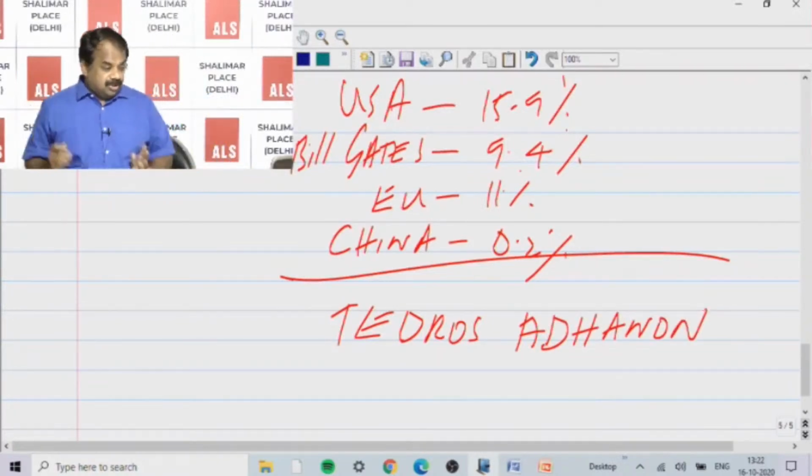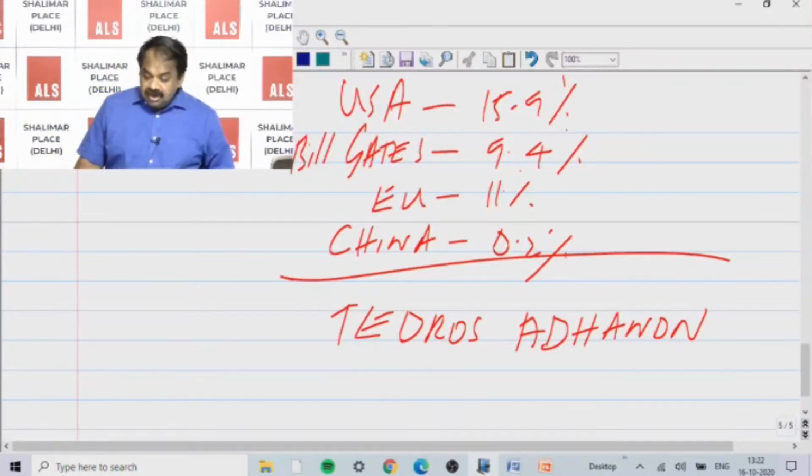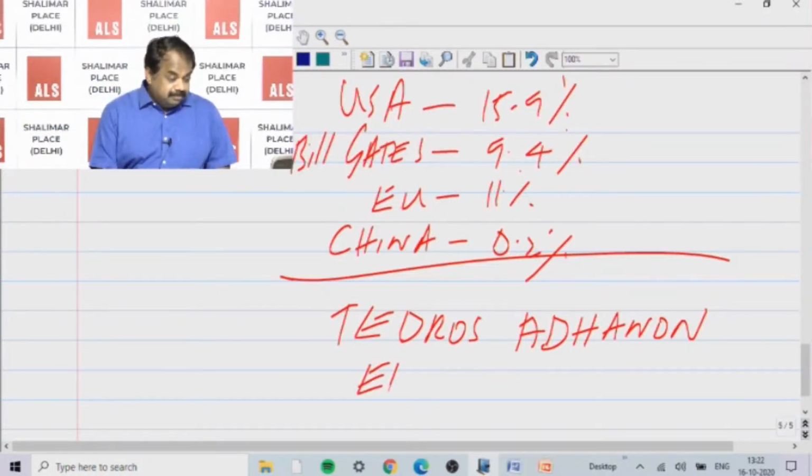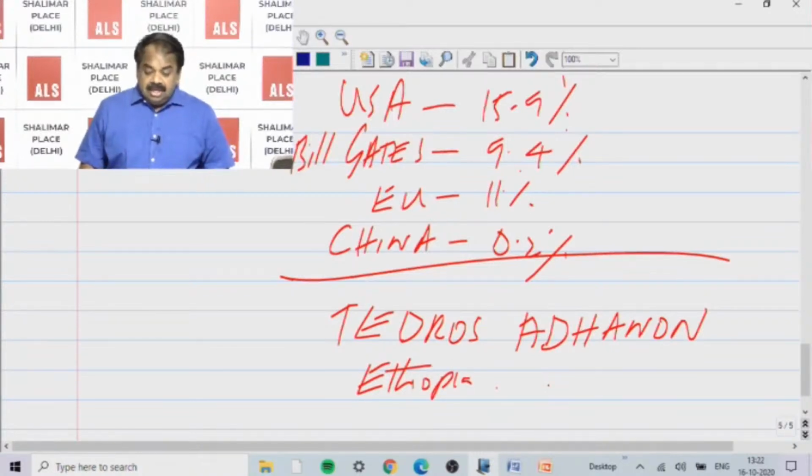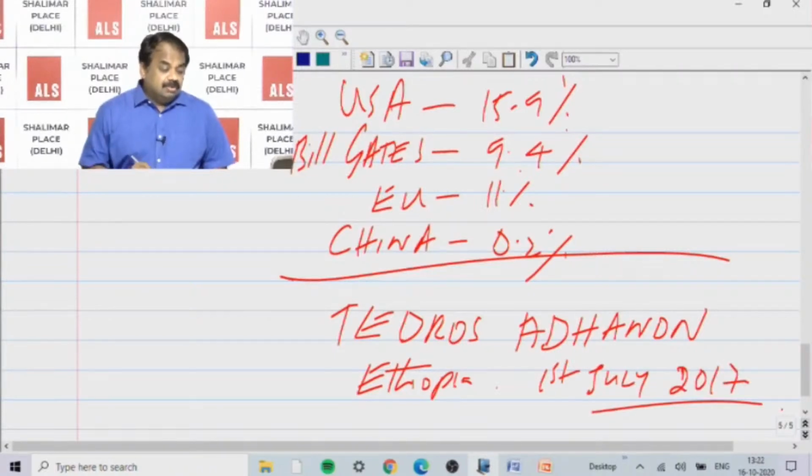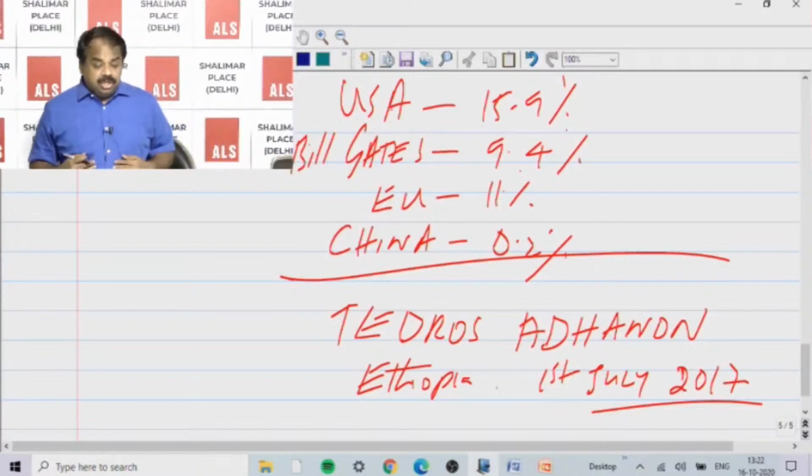Tedros Adhanom Ghebreyesus. He is from Ethiopia. He was a former health minister and foreign minister of Ethiopia. And he began his 5-year term from 1st July 2017, so he will be there till 22.